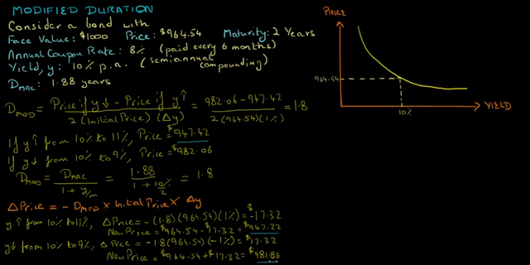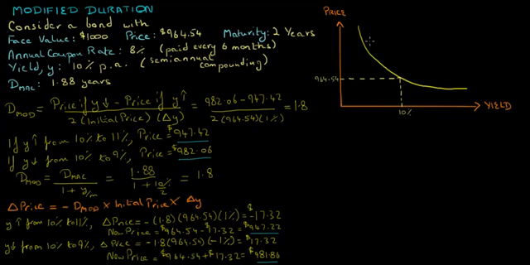So in both cases, we can see that modified duration is a good proxy to approximate changes in bond price due to interest rate changes. However, in both cases, modified duration has also underestimated the price of the bond. We can explain the reason for this graphically.